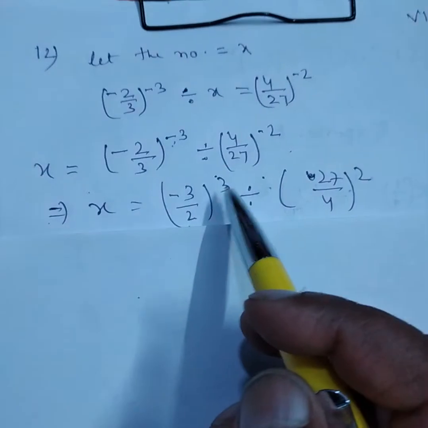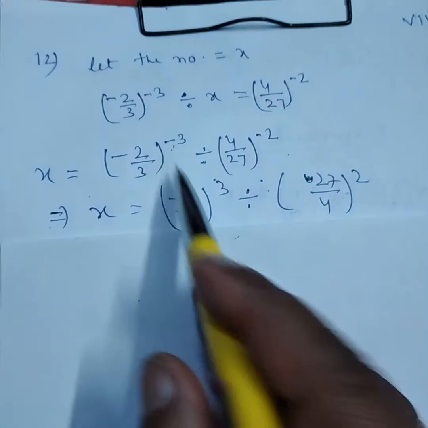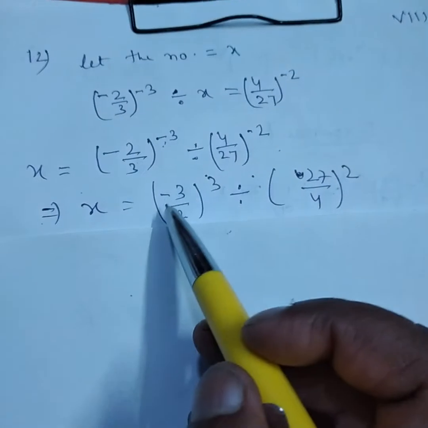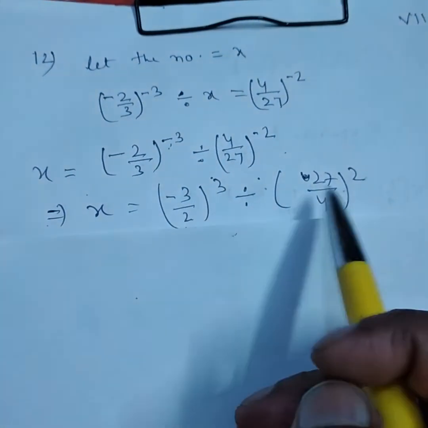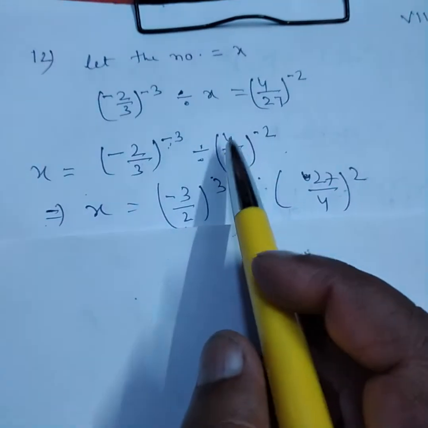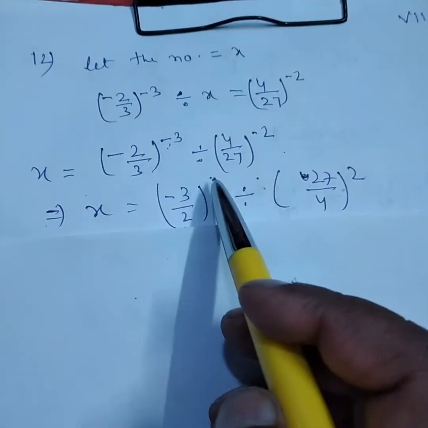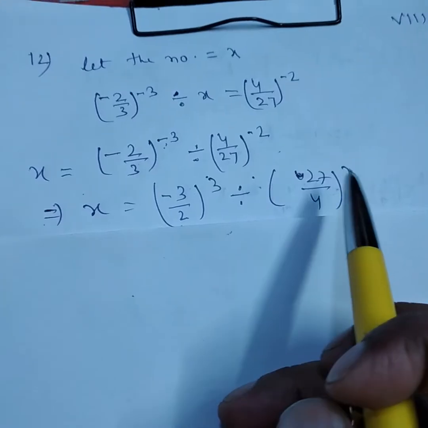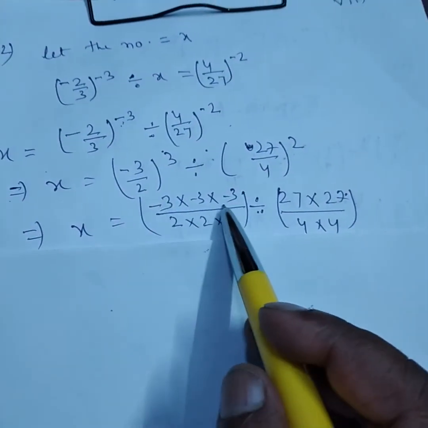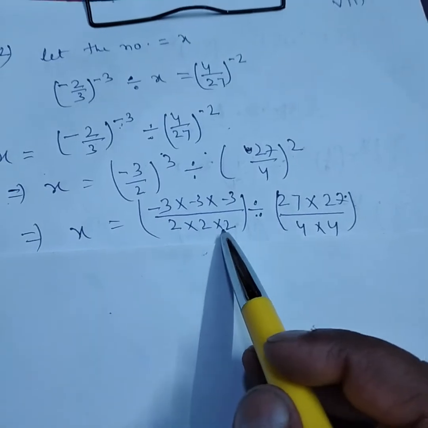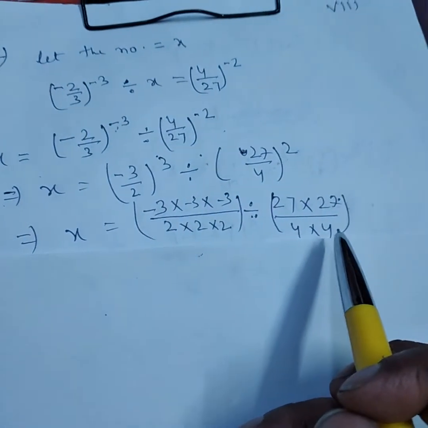Now we will change the sign of the exponent from negative. When we remove the negative, it will become the reciprocal. Minus 2 upon 3 will become minus 3 upon 2, and same here, 4 upon 27 will become 27 upon 4. Now both the exponents are positive. Now x equal to negative 3 into negative 3 into negative 3 upon 2 into 2 into 2, divided by 27 into 27 upon 4 into 4.